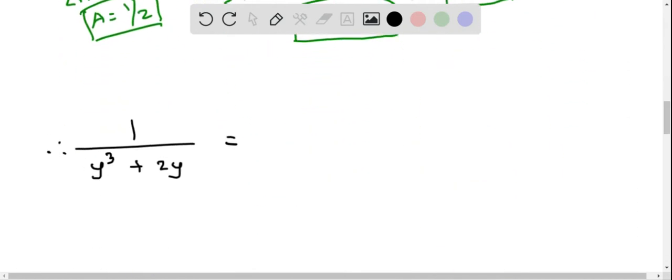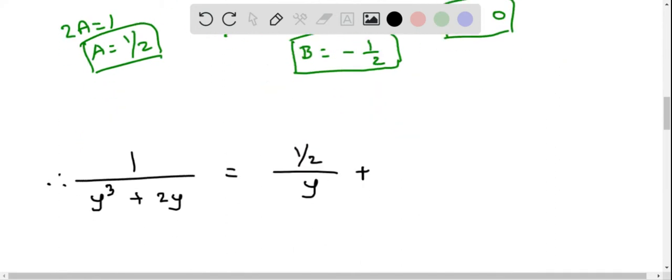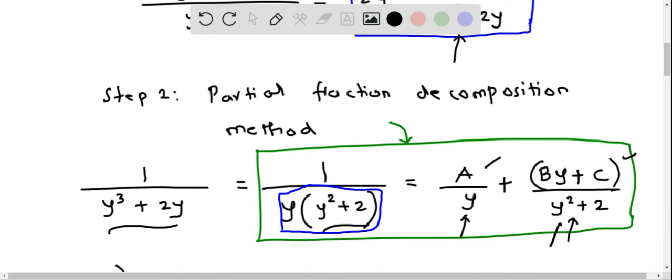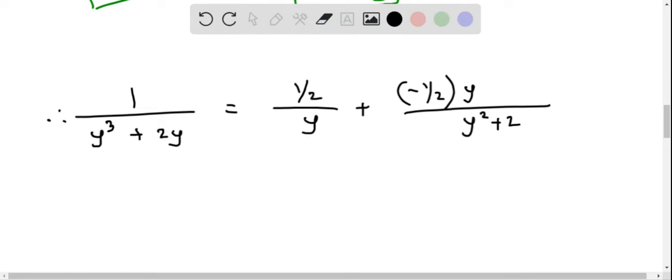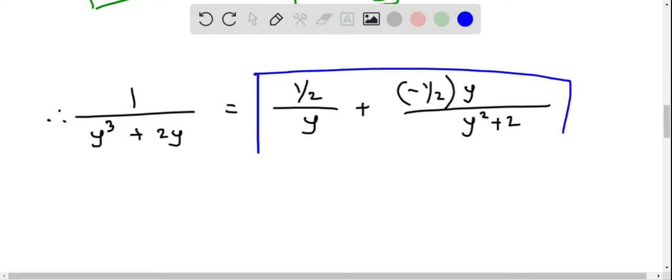So a is half, so I replace a by half, and this is divided by y, plus by plus c. b is negative half, so this will be negative half times y plus c is 0. So put 0 here. And this is over this denominator, that is y squared plus 2. And this means we can just remove this 0 over here. So this is what we obtained after doing the partial fraction decomposition method. And this completes step 2.